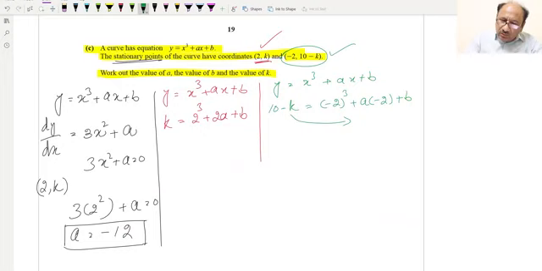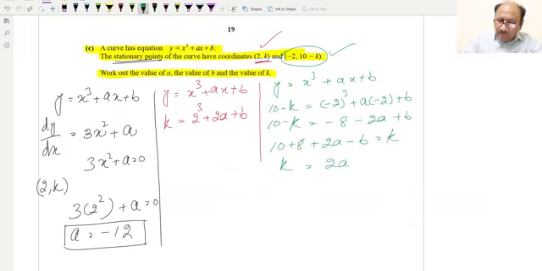Opening the bracket, 10 minus k is equal to minus 8 minus 2a plus b, and shifting minus k and these values to the other side, it will be 10 plus 8 plus 2a minus b is equal to k, or we can write k is equal to 2a minus b plus 18. This will be our k value.